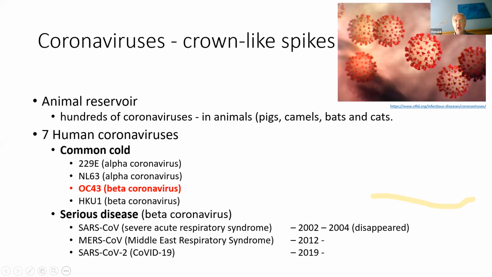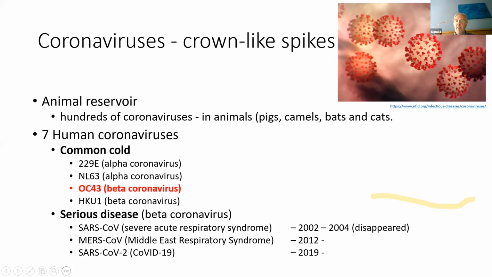Then in 2012, in the Middle East, MERS, Middle East Respiratory Syndrome, another beta coronavirus, it has not disappeared, but it has remained within Saudi Arabia and some of the surrounding regions. One transferred to South Korea, which was then curtailed, but it is still around. From camels, drinking camel's milk, being near camels.